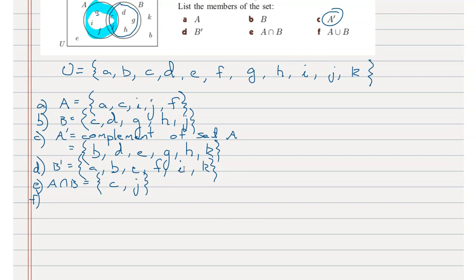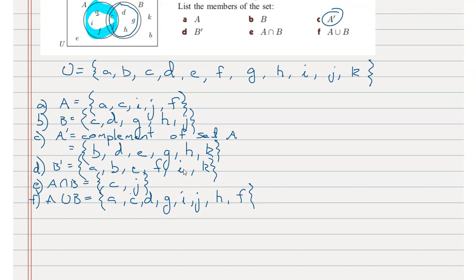Now the next one is we're looking at the union. So the union is done with like a big U symbol. And the union is everything inside set or both sets A and B. So everything inside these circles is A, not B, we've got C, we've got D, we've got G, I, J, H, and F. So it should be 2, 4, 6, 8.